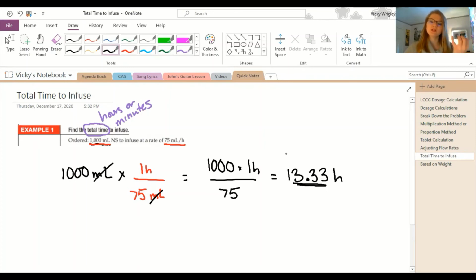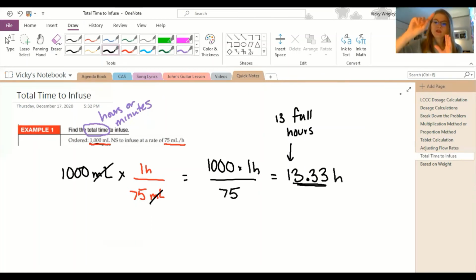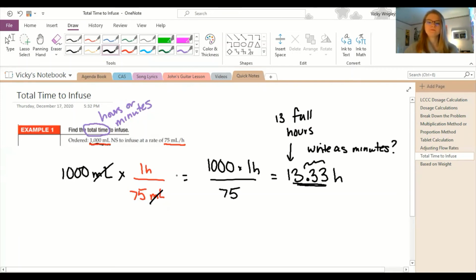There's 13 full hours that it takes, and then also 0.33 of an hour. And so we just need to figure out how we can write 0.33 in a minutes unit.